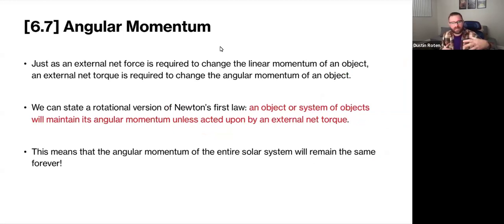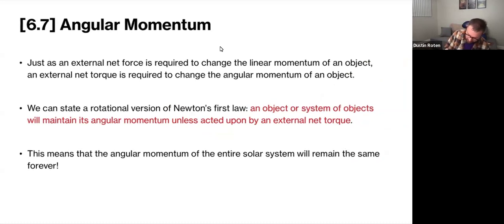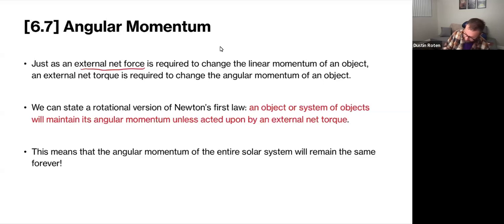Just as an external net force is required to change the linear momentum of an object, we need an external net torque to change the angular momentum of an object. So we're making this association some more here.